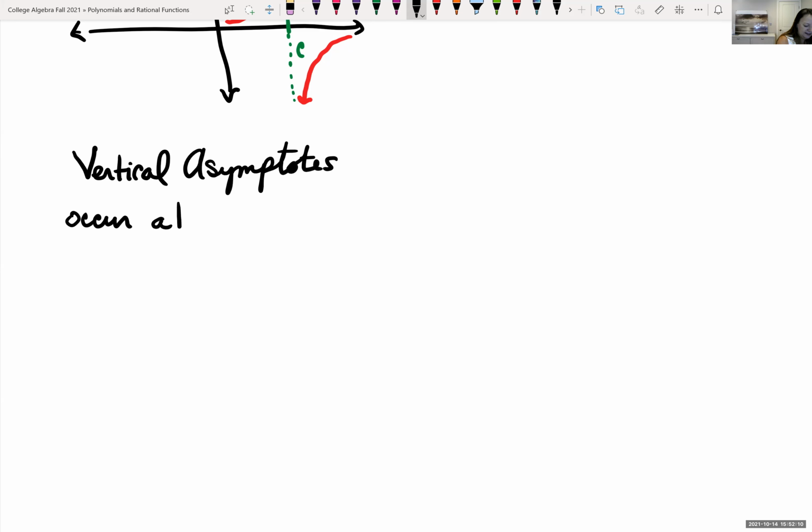occur at, let's say, just x equals c, where x equals c sets the denominator equal to 0, but not the numerator.